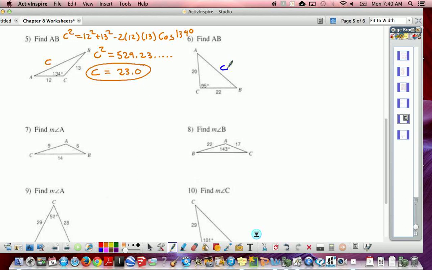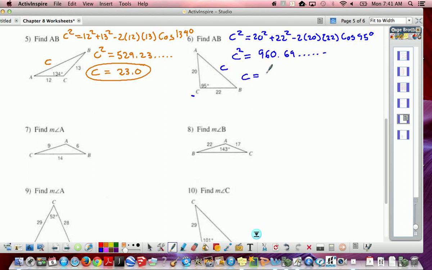Then on number 6, I'm looking also for side AB, which I like to call little c since it's across from angle C. So C squared equals 20 squared plus 22 squared minus 2 times 20 times 22 times cosine of the angle 95 degrees. So if I enter that into my calculator, it ends up being 960.69 dot dot dot.